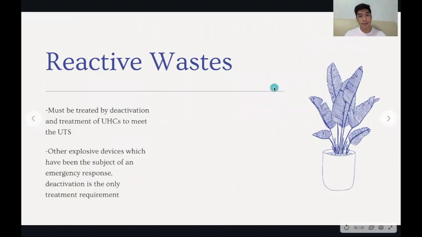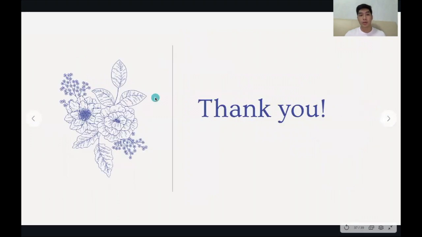The last type is the reactive wastes, which must be treated by deactivation, including explosive devices which have been the subject of an emergency response. The deactivation is the only treatment required. So that's all for land disposal and for our report. Thank you.